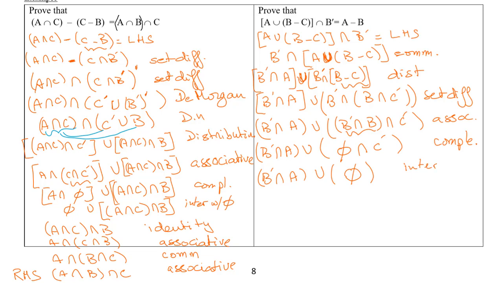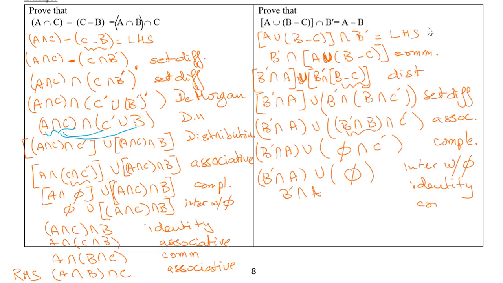This is because intersection with empty set is just empty set. And now the union with an empty set is the identity property, which is just going to give me not B and A. So here I stop and think, but what I need is A but not B.